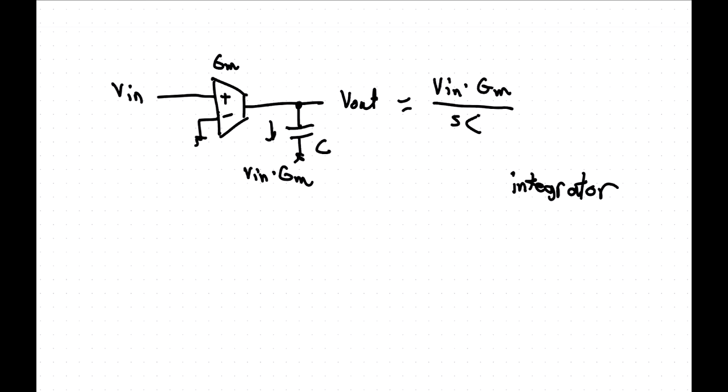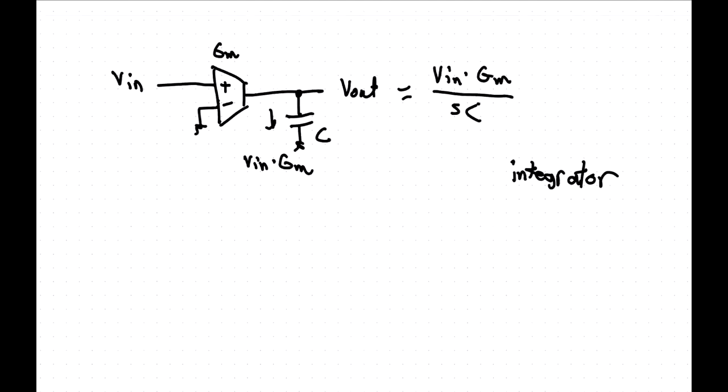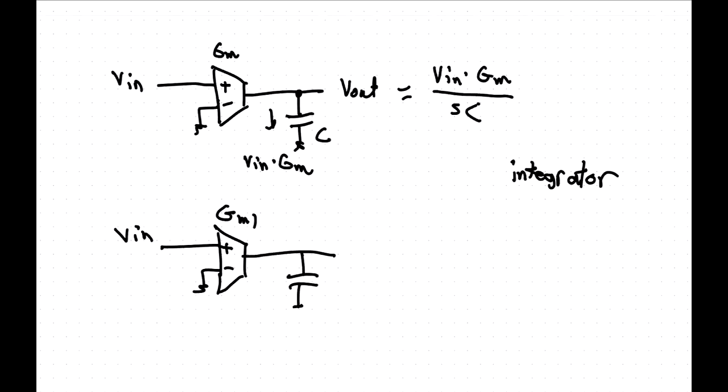That is easy. We can make it into a low-pass filter by putting a GM load on. So if you look at GM1 there, and we put a capacitor here, and then we also put a transconductance here.